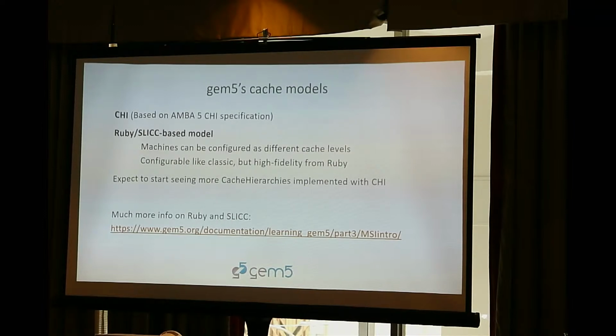Or it's one cache which is configurable to be any kind of model that you need. So it's kind of like the classic caches in that you can reconfigure it pretty easily, but it's like Ruby in that it's high fidelity. I think you'll be seeing more and more of these standard library cache hierarchies implemented using CHI because it's both flexible and high fidelity.